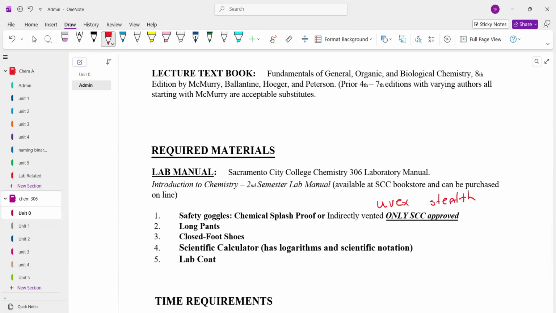You need a calculator. For 305, you need one that does these guys. For this class, you just need a calculator. Then, of course, there's a lab coat. The cool thing about having a lab coat is I give you extra credit if you decorate it, so keep that in mind.